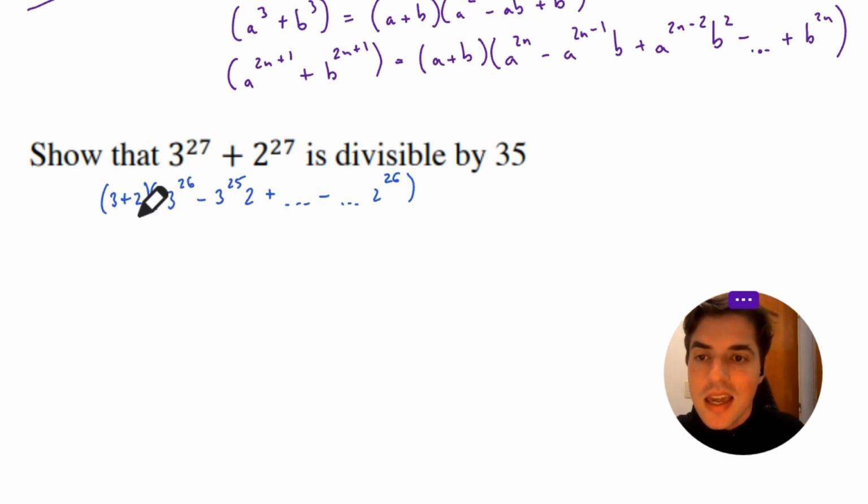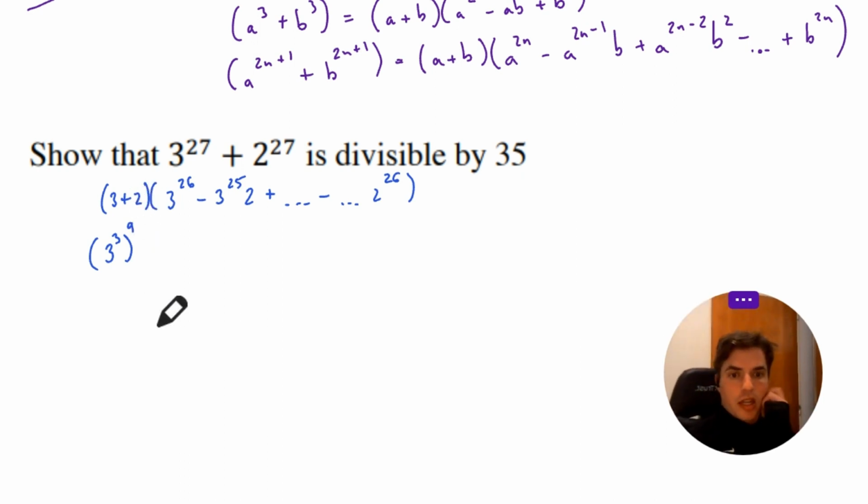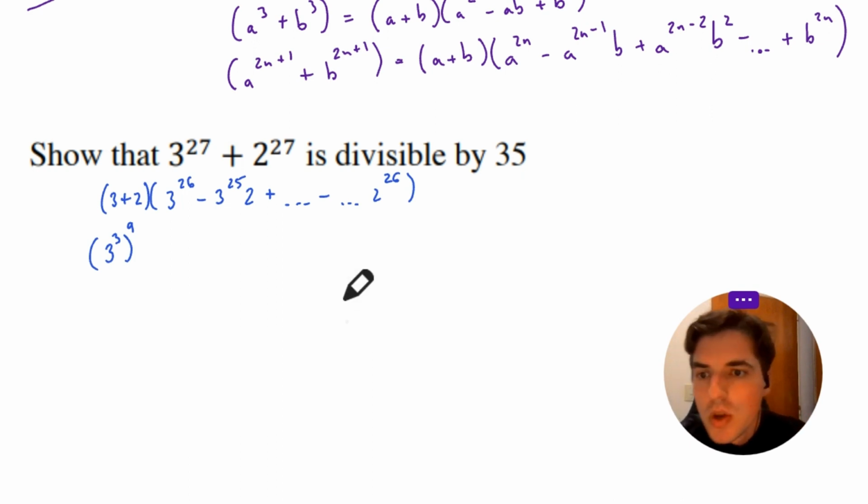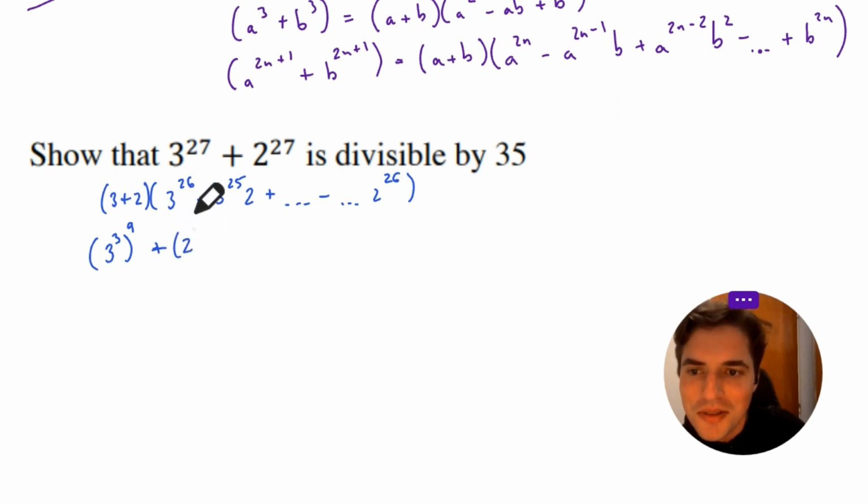So let's say this, instead of 3 to the 27th, was 3 to the 3rd, to, what am I thinking? To the 9th. Maybe we could try that. We would do the same thing with 2. So 2 to the 3rd to the 9th.